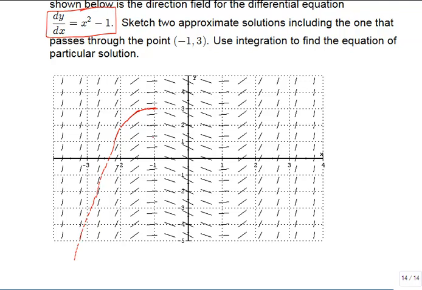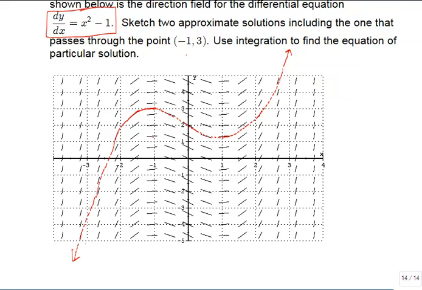And then as I go right, the dashed lines are telling me to go down, down, and then I level off where that horizontal was, and then I have to come back up again. And following these diagonal lines, you can see there would be the solution through the point -1, 3.